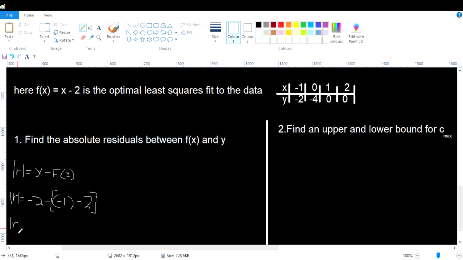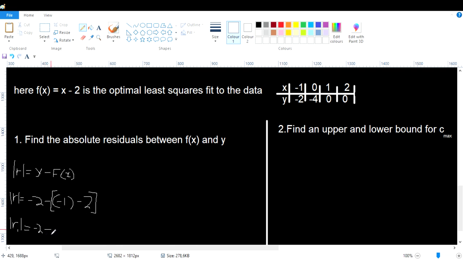Residual, let me write residual 1 here, is equal to minus 2 minus 2. Let's work out everything inside the brackets. Negative times negative is positive, so here we're just going to add.